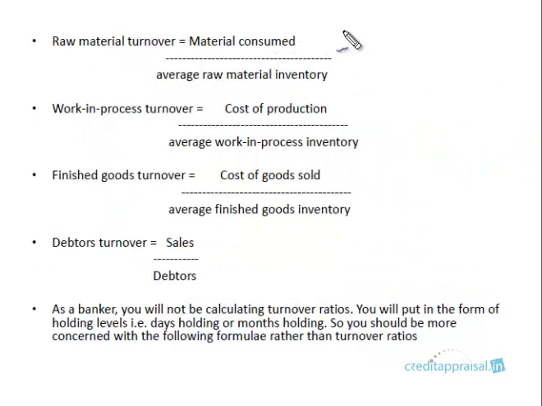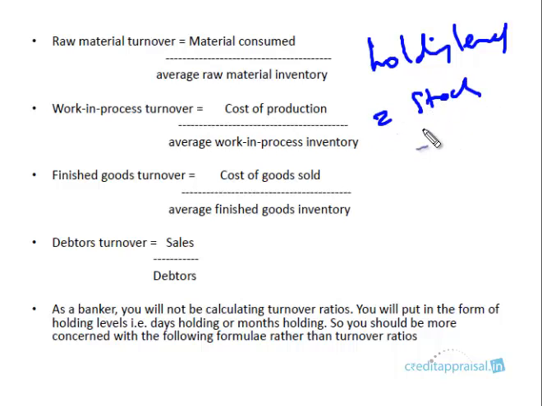If you want the turnover, there is going to be a slight flip. What you calculate as the holding level is the closing stock of raw material divided by the consumption per month.